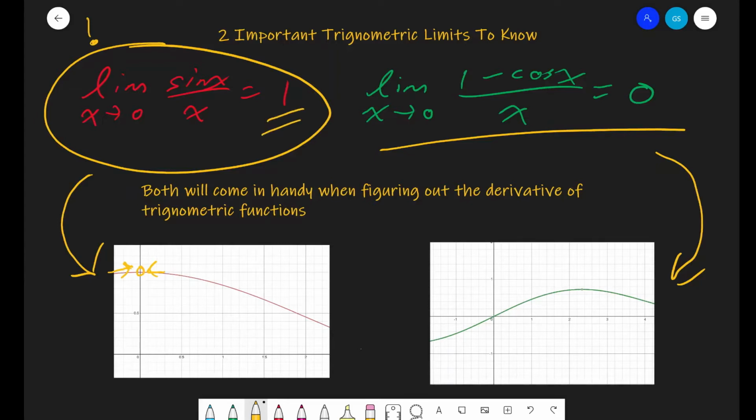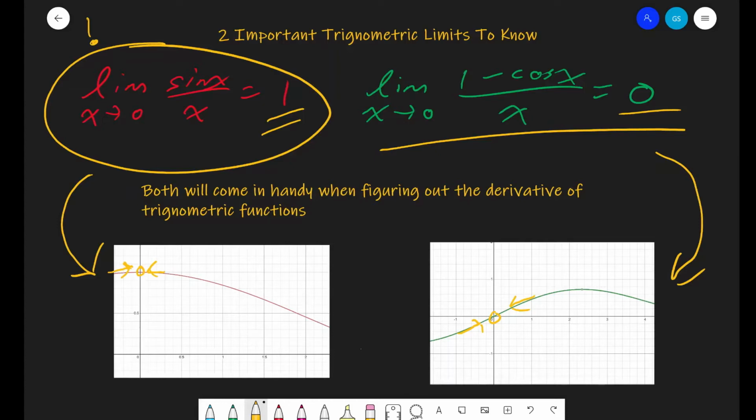Looking at 1 minus cos x over x as x approaches 0, just by looking at the graph, it's getting infinitely closer to 0.